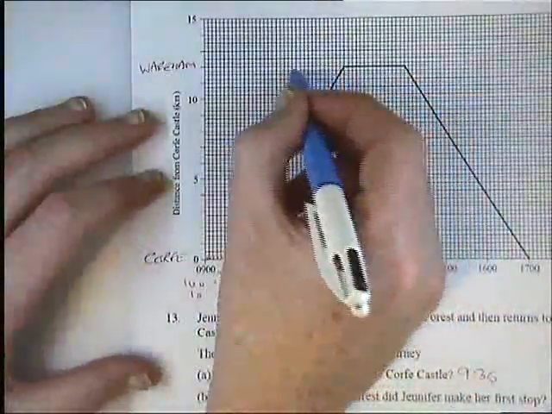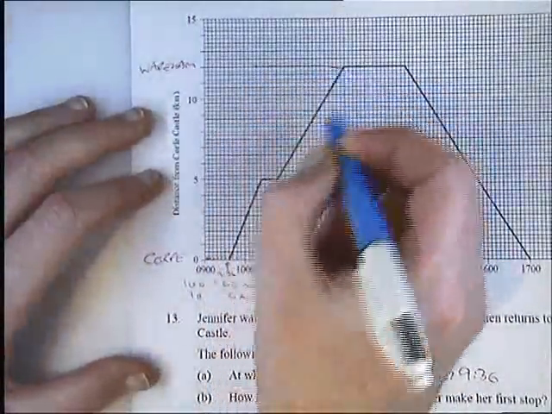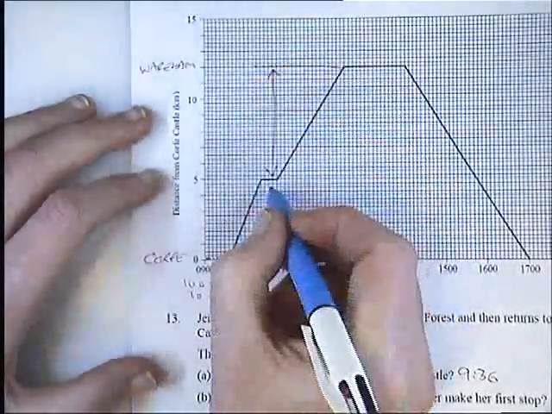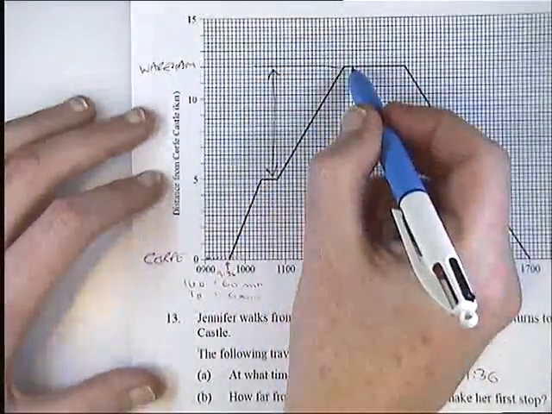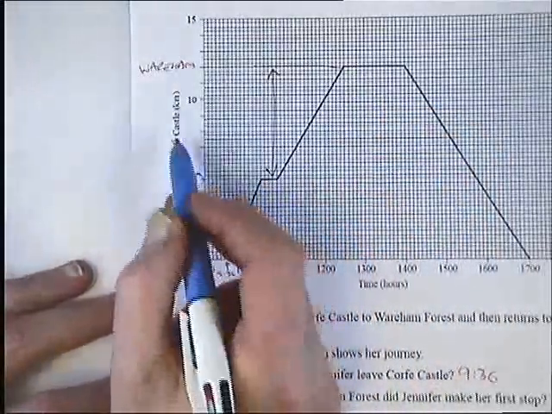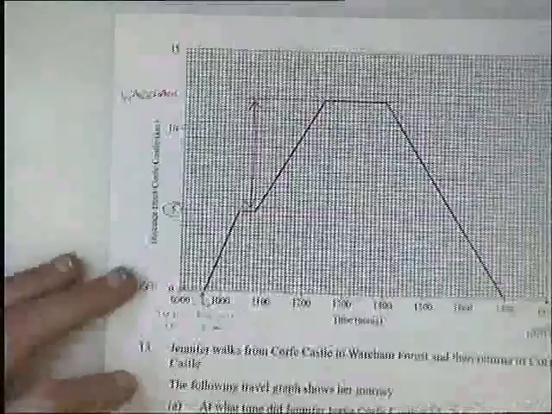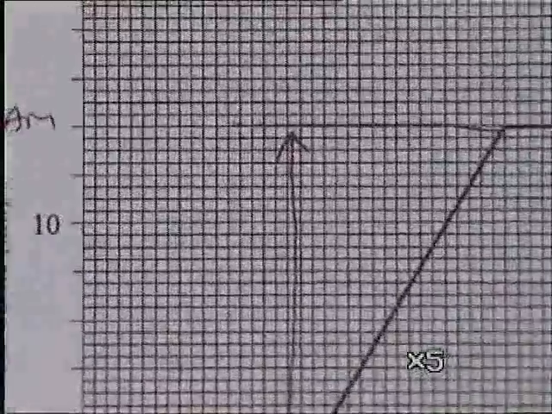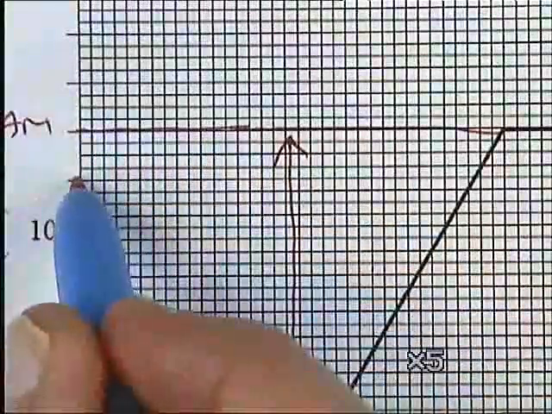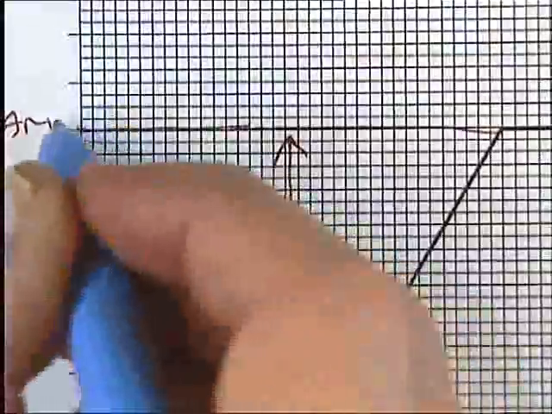So what we've got to do, if Wareham Forest is at this level here, we've got to find out what that distance there is. How far the stop is from Wareham Forest. Well, the stop is at the number 5 kilometres. Wareham Forest, if we zoom in here, we need to work out where this line is here. Well, that's 10. I'll go 11, 12, 13, 14, 15.